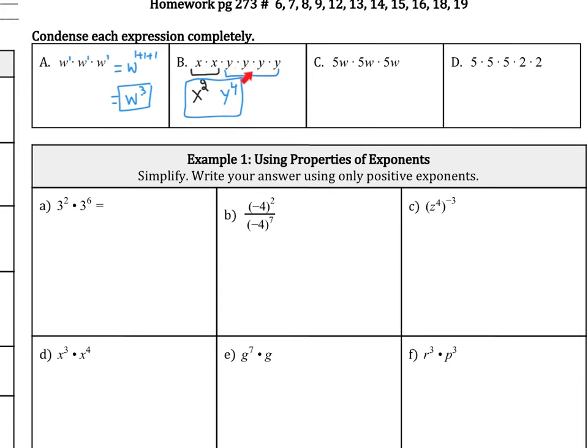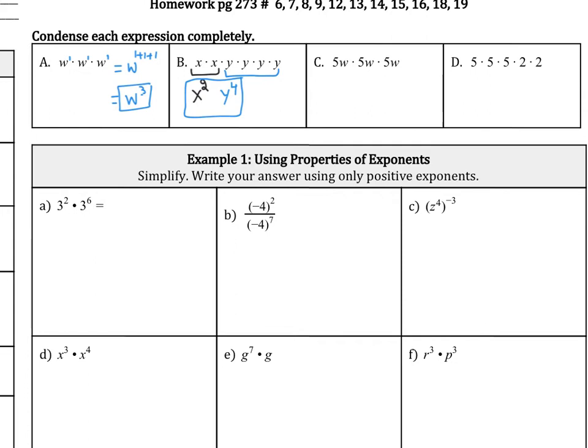Once you multiply, and if they have the same base, that's going to be y to the power 1 plus 1 plus 1 plus 1, and that's going to be 4. So they're adding the powers. Same thing for x: x to the power 1, x to the power 1. When you multiply, it becomes x to the power 1 plus 1.